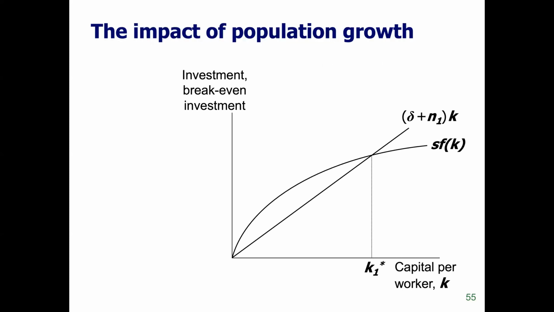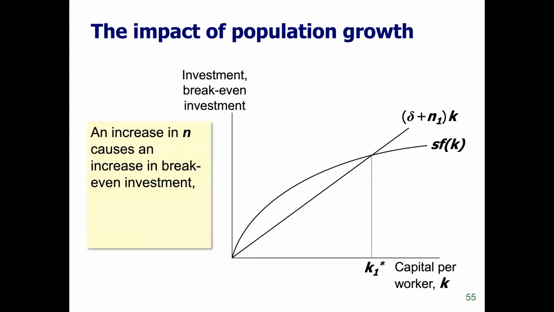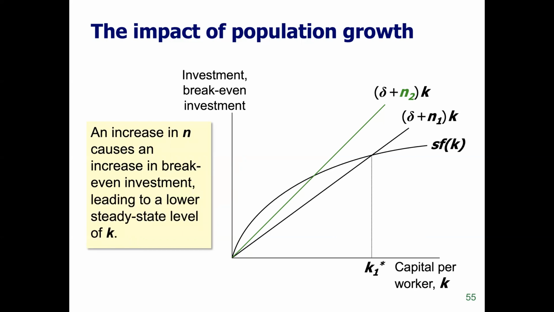Okay, let's think of different levels of population growth. If we have a higher rate of population growth, then we have a higher delta plus n. We go from delta plus n1 to delta plus n2. It's a little bit as if there were a higher depreciation rate, even though it really isn't. But the break-even line goes up, and that reduces the steady state capital stock, as you can see.